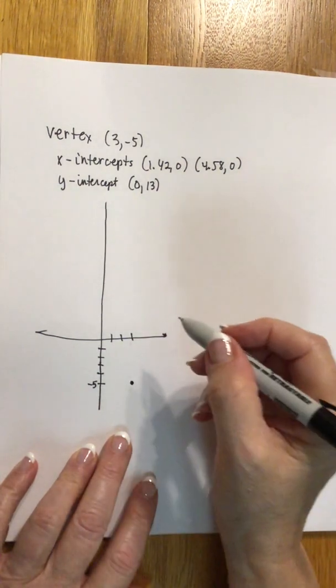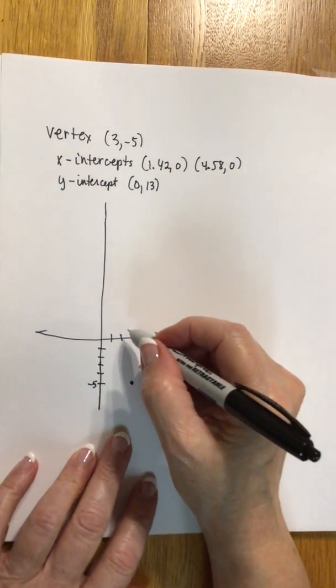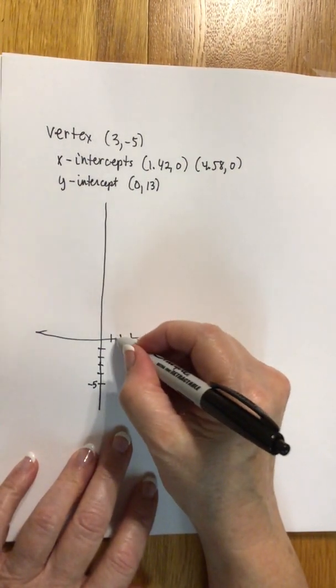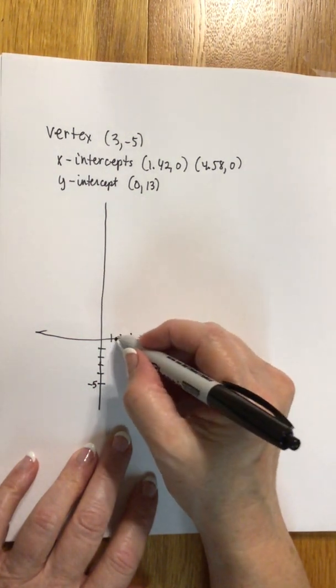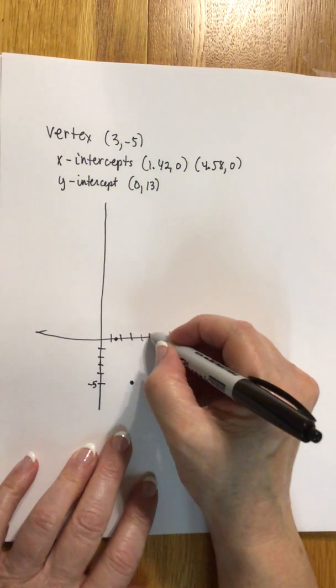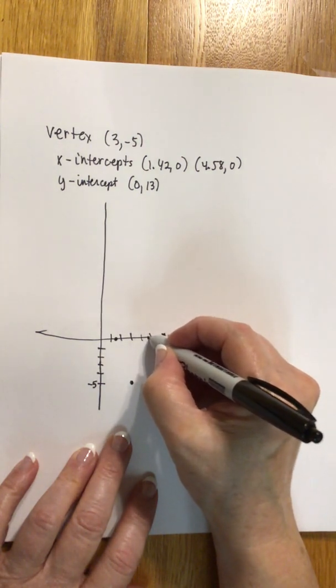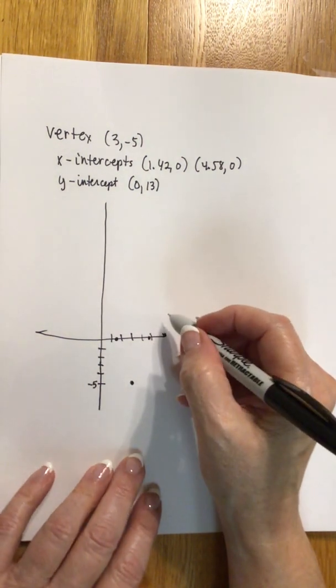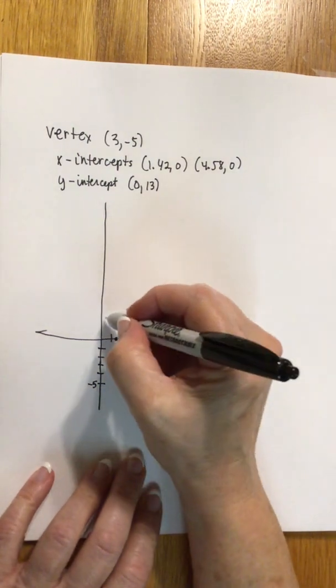So the next thing I graph is my x-intercepts, 1.42 and 4.58, so 1, 2, 3, 4, 5, so it'd be approximately there. And then 13, I'm going to go up 13.